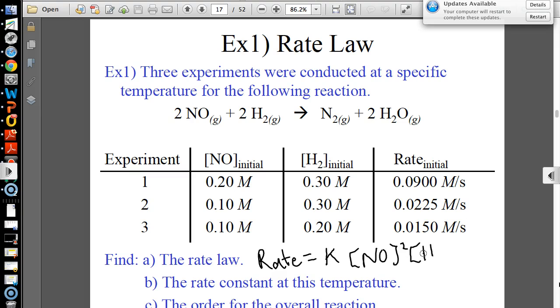And then H2. And that has a 1. We don't have to write the 1. That's it. Cool?